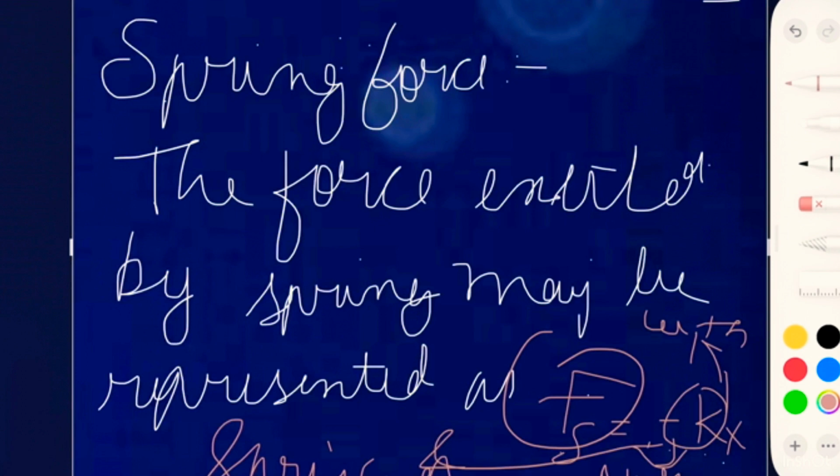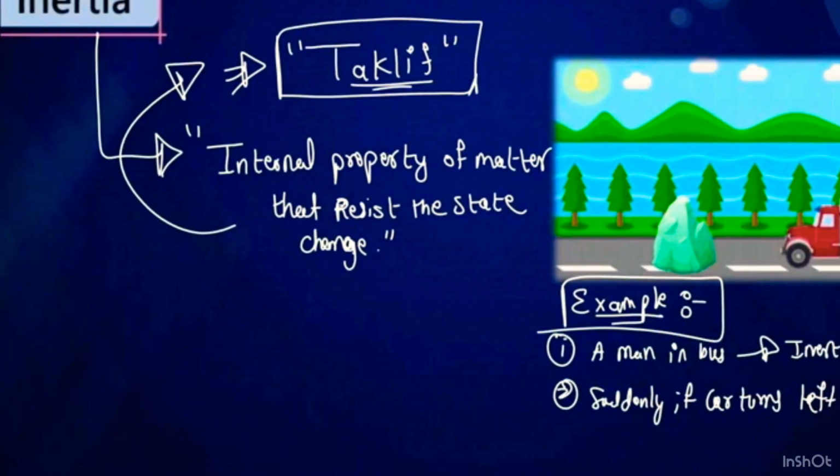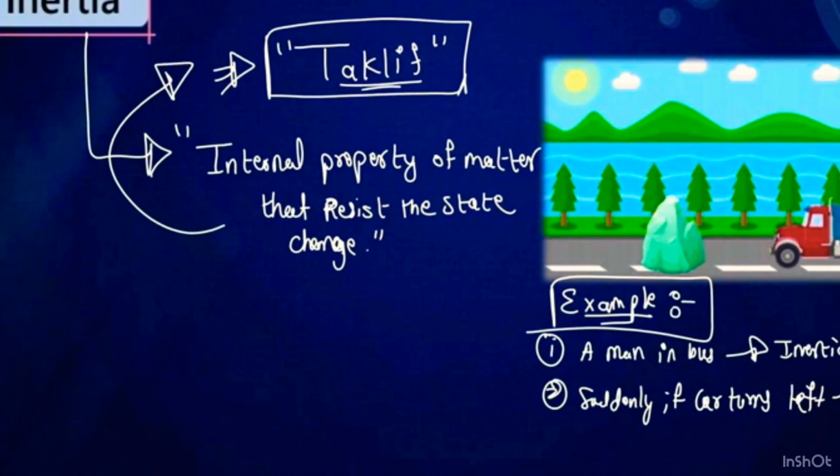Next we'll see inertia. That's an important topic for our class. Inertia means the inability of a body to change its state of rest or of uniform motion or its direction by itself.